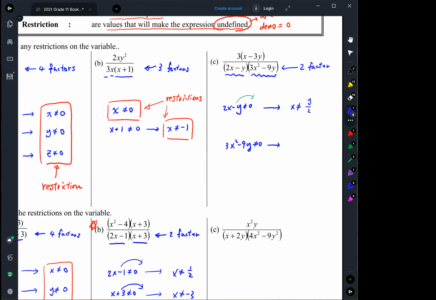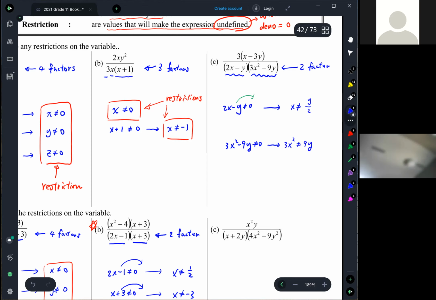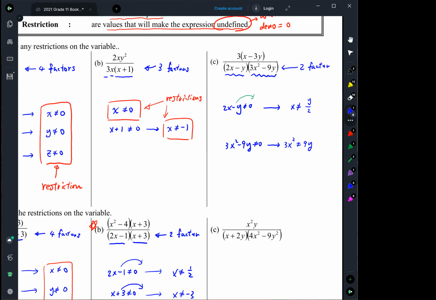Okay, very good. Now the next one, because it has a square, when you move the 9y over, it will become 3x squared cannot equal 9y. All right, how do we proceed from here, Henry?